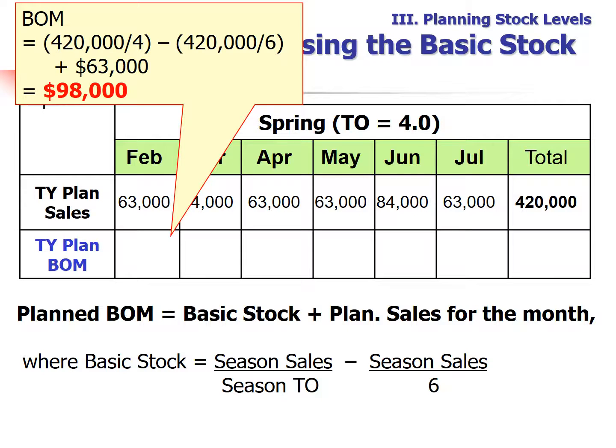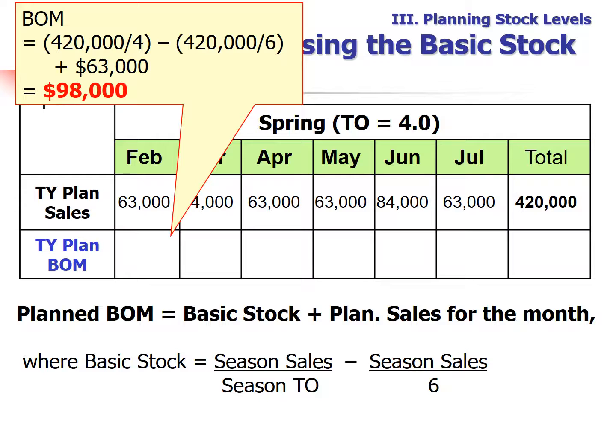So we are going to have to take the seasonal sales of $420,000 divided by the seasonal turnover of 4, minus the seasonal sales of $420,000 divided by 6 months, and that part, if you do this calculation, is what we call basic stock, and then plus the sales of that month. So for February it will be $63,000.